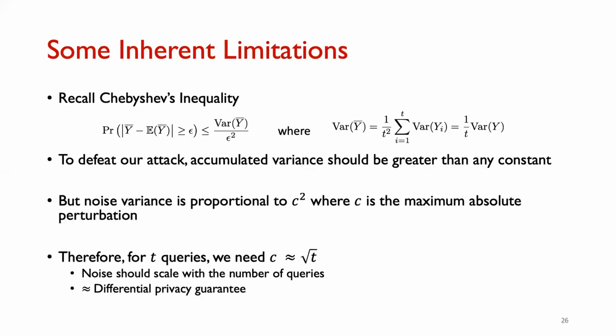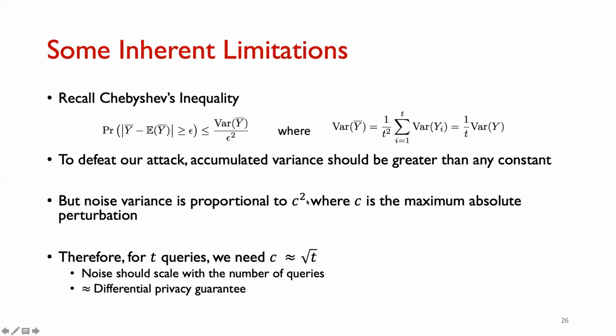To see this, let's recall the use of Chebyshev's inequality, which bounds the success probability with the accumulated variance. Now, to defeat our attack, this accumulated variance should be greater than any constant, but this accumulated variance in turn is dependent on 1/t times the variance of the noise.